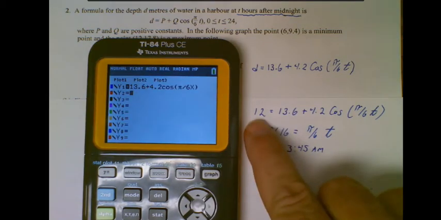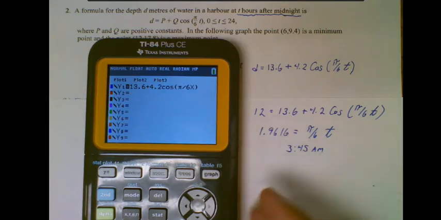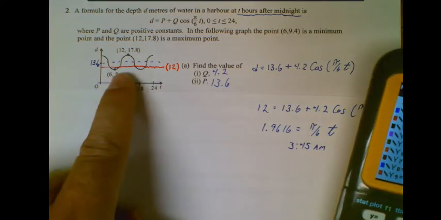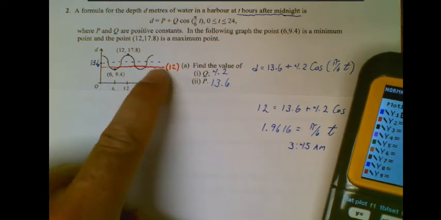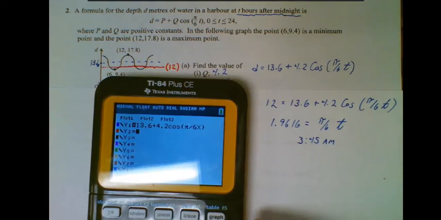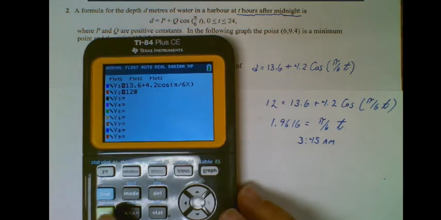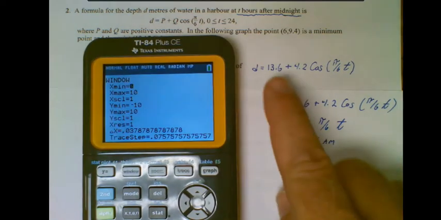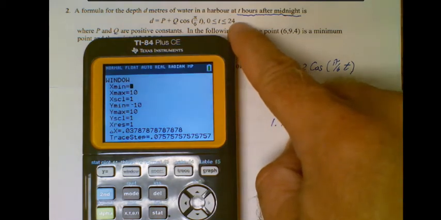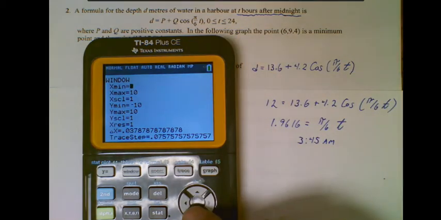And then I graph the result of 12, what I put as like the red line that you see right there. If I were to graph y equals 12, I get that line right there. I'm going to go to my window here real quick and adjust my window. They told me right here that my window should go from 0 to 24, so I'm going to go from 0 to 24 on the x's.